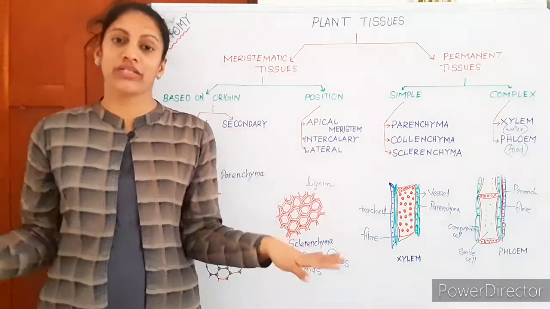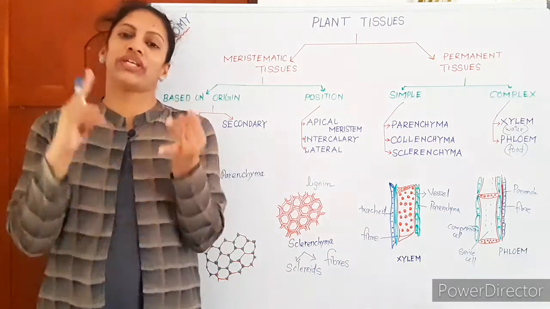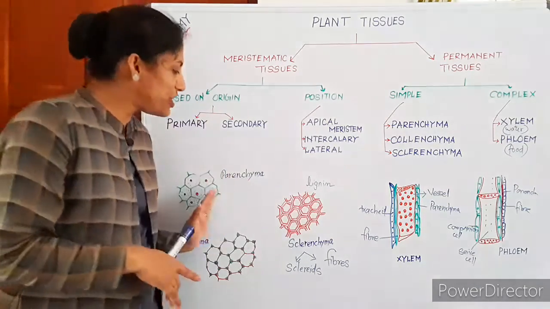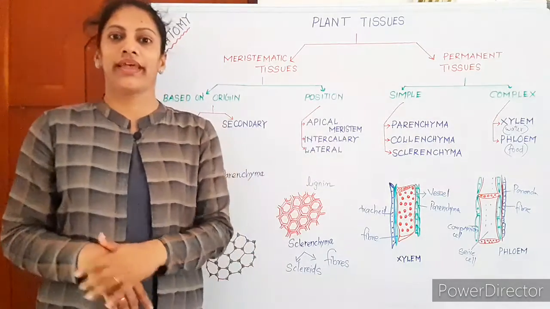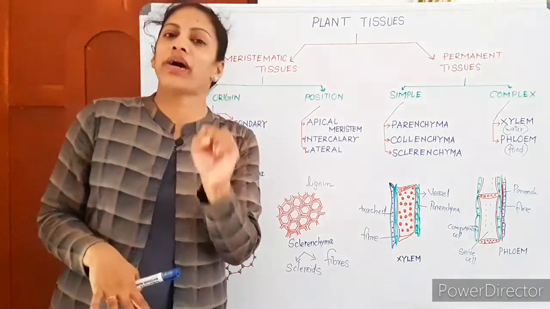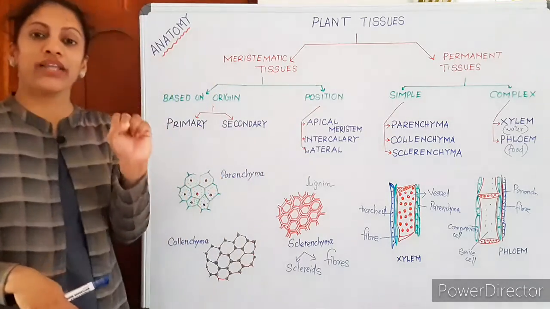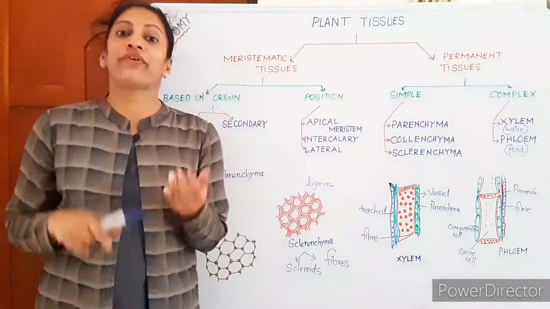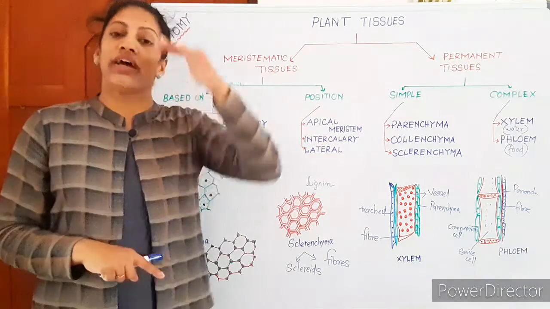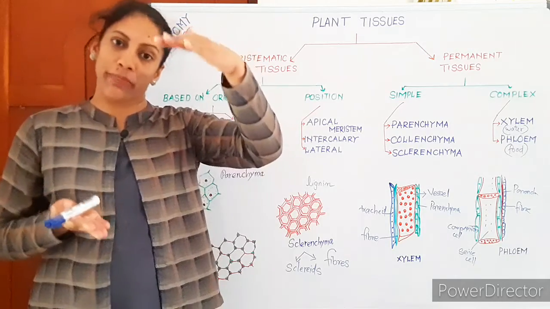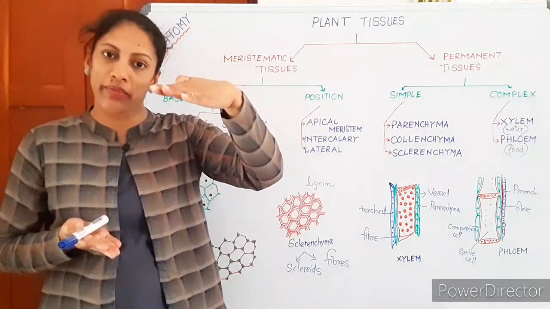Then just keep in mind, whichever plant part it is, whether it's root, stem, leaf or flower, it's made up of this type of tissues. There are no more internal organs in plants. Plant organs are made up of this type of tissues. For example, if it's a leaf, it has epidermal tissue, upper and lower epidermis, made up of parenchyma.